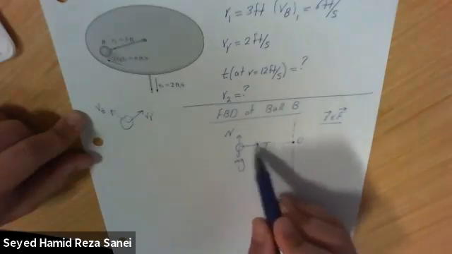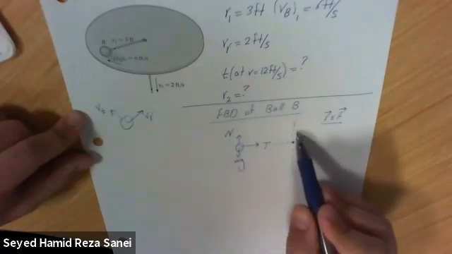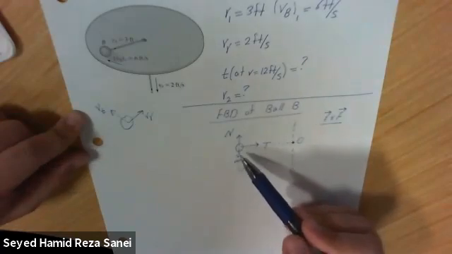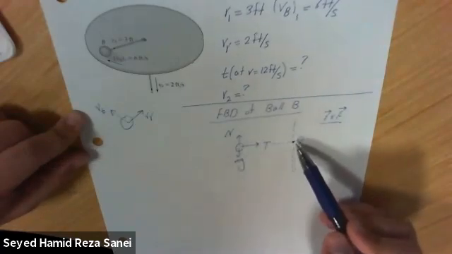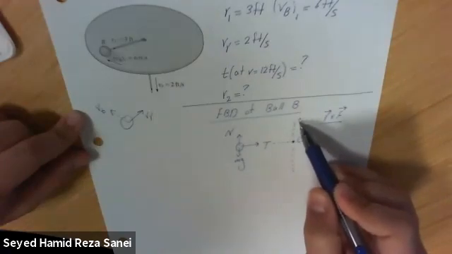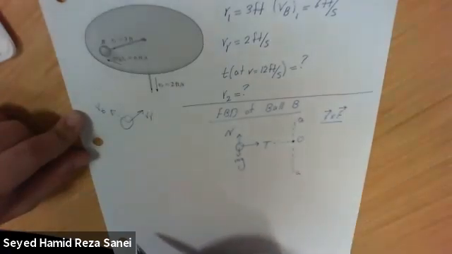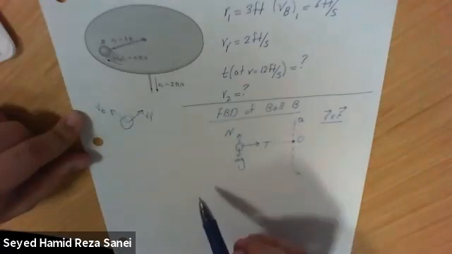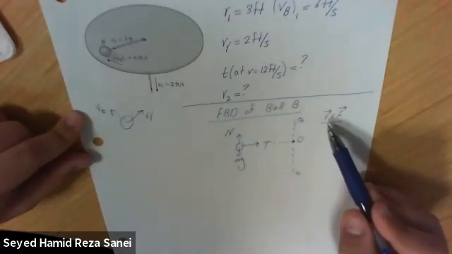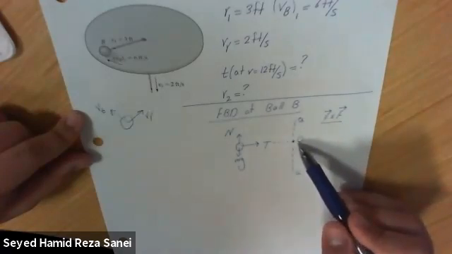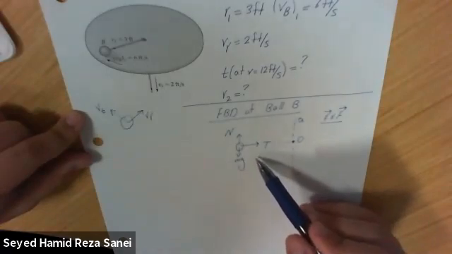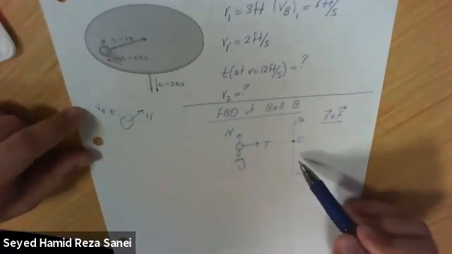Here, these two are parallel to the axis, which we call AA, so they're not going to create a moment. Force T creates a perpendicular angle with axis AA, but there is no R, so it's going through the axis. Whether the forces are parallel or going through the axis, they're not going to create a moment. Therefore, none of these forces are creating a moment about our axis of rotation.